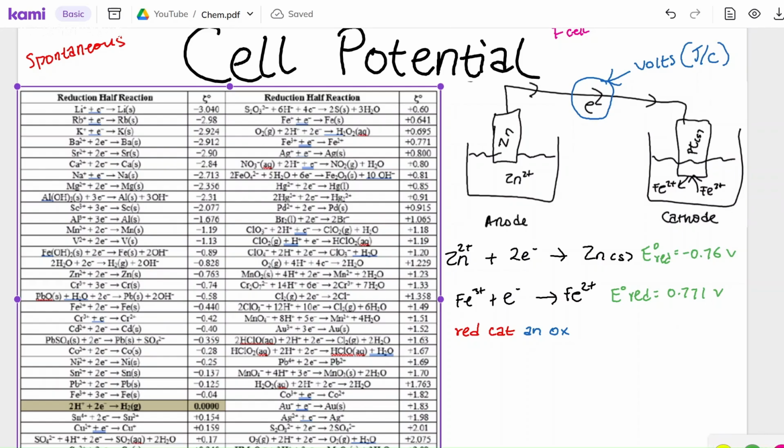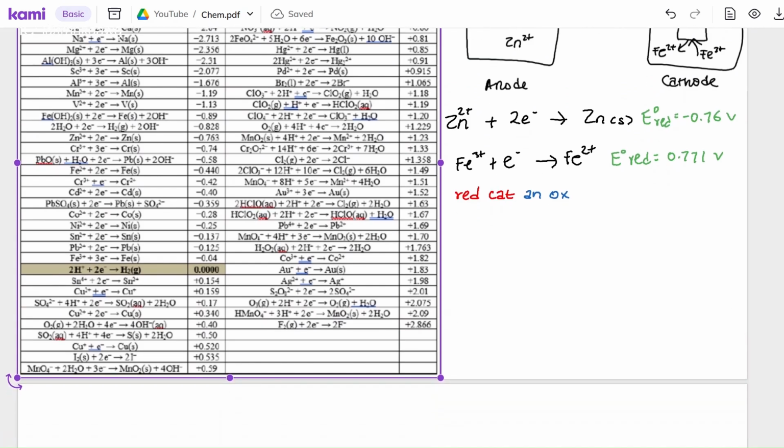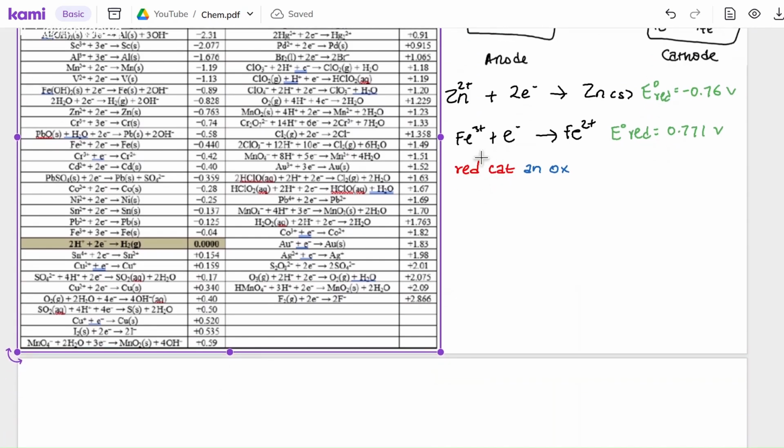Like I told you at the start of the video, I'm going to be writing a full reaction. These are half reactions, and the full reaction is what you get when you combine these two equations together. How would you do that? You have to flip one of them. Since this one's the negative one, it would rather be oxidized, in this form: Zn goes to Zn2+ plus 2e-.